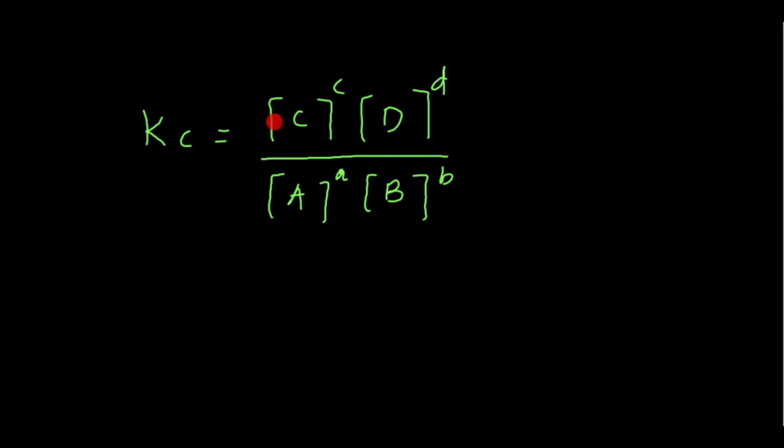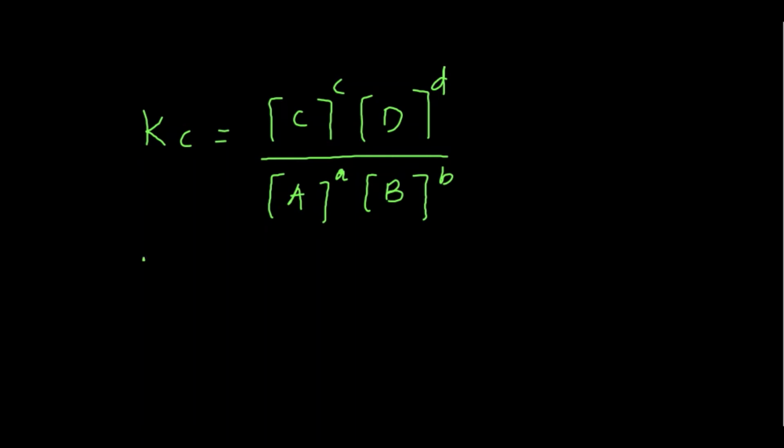Kc is the ratio of the molar concentration of products to the molar concentration of reactants. Since C and D are products in the general reaction, while A and B are reactants. So Kc is the ratio between the product of the molar concentration of products to the product of the molar concentration of reactants, right students.